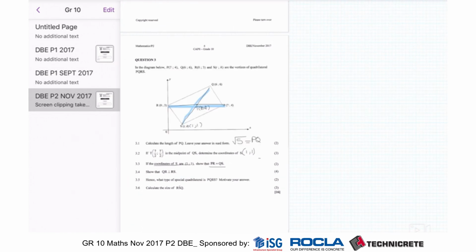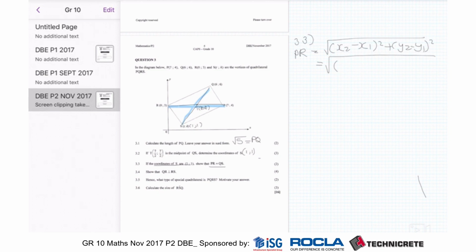Let's go with PR. The distance formula is what we're doing: x2 minus x1 squared plus y2 minus y1 squared.